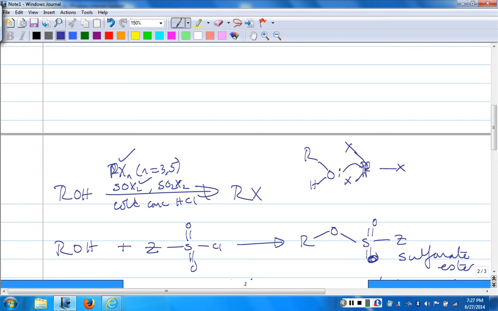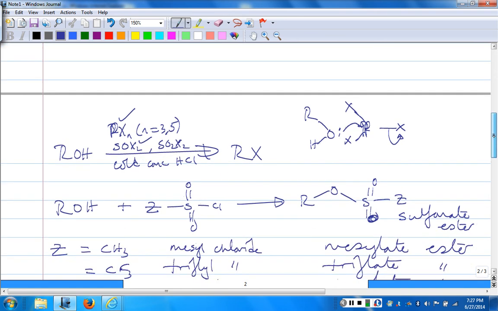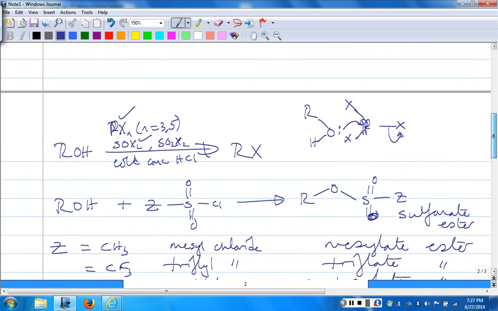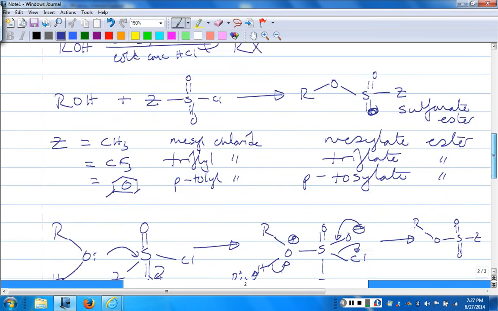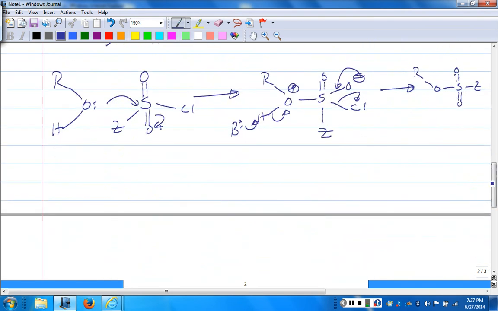This is the alcohol acting as a nucleophile, and that's what we predicted based upon the presence of a lone pair of electrons on the O. Attacking the sulfonyl chloride, we also saw that before as well, with attacks of thionyl chloride. And now this is another example when we convert the alcohol to the sulfonate ester. That's another illustration of alcohols acting as nucleophiles.